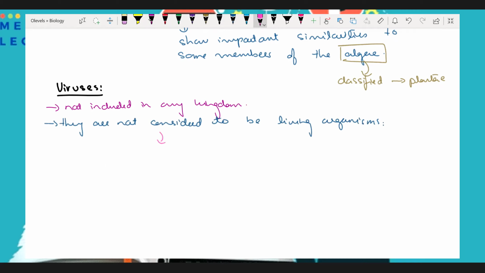Because they lack cell membranes, right? They do not have cytoplasm as well, and they do not possess ribosomes.